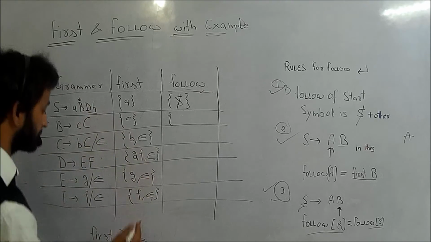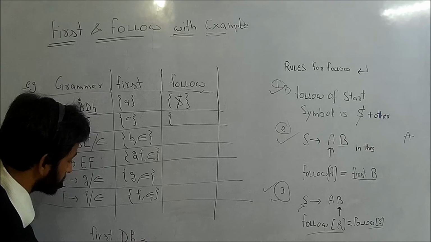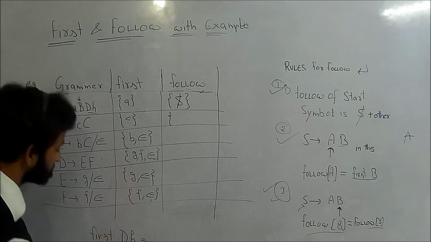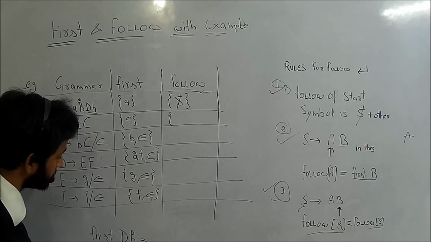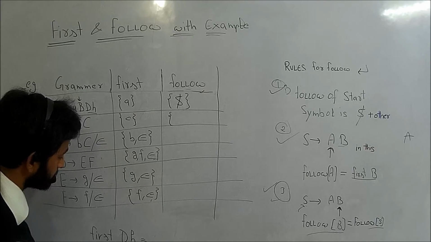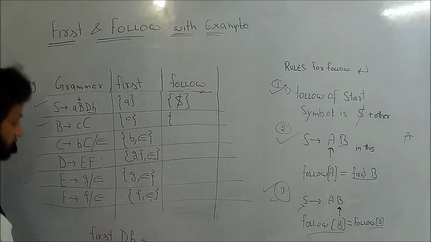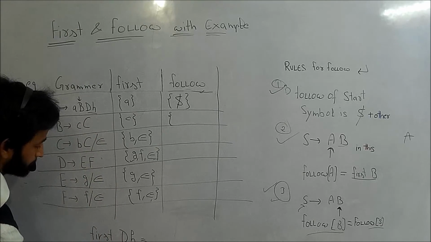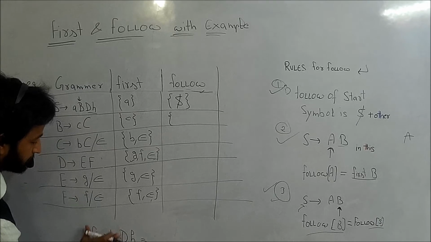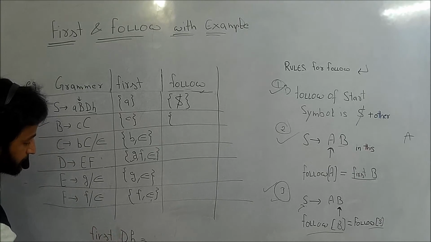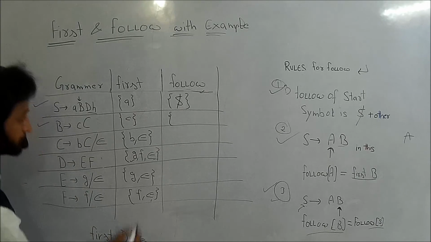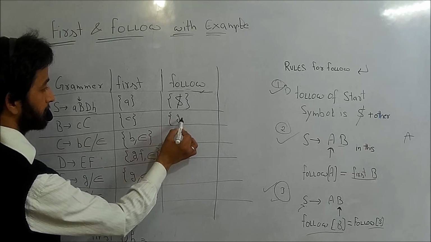So when I put D as G, then the follow of B becomes G. So I will add G.